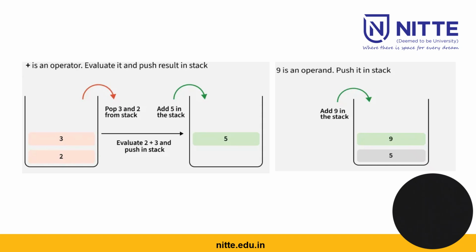I add 3 and 2 and it becomes 5. The result I push back into the stack. The next thing we encounter is an operand, which is 9, so I push it into the stack. Now the stack contains 9 and 5, where 9 is at the top.